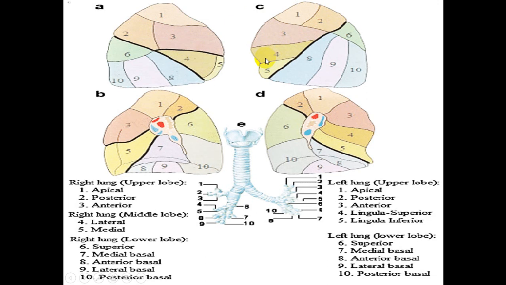So they are known as superior and inferior lingular segments, which correspond to the middle lobe. Then again on the inferior lobe, they are the same, 1 superior and 4 basal: the anterior basal, lateral basal, posterior basal, and then on the medial surface you can observe the medial basal segment.